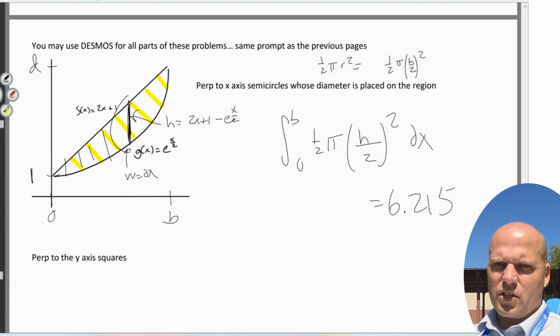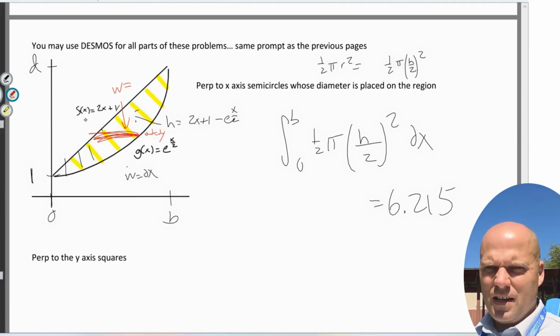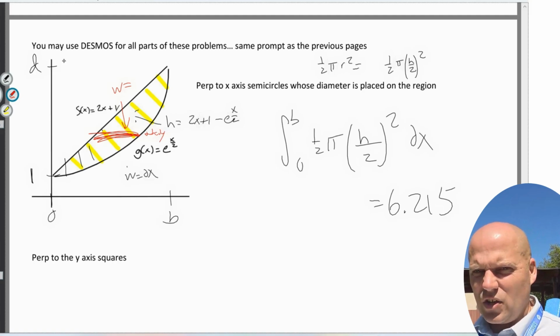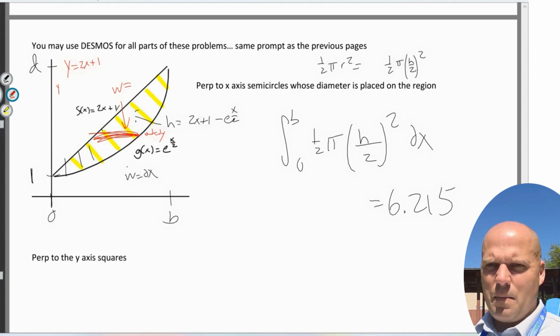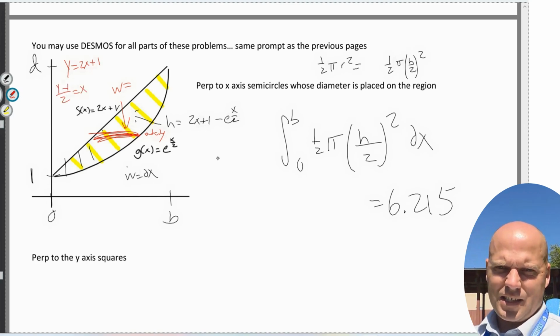Perpendicular to the y-axis, squares. Squares will have a width. The width is this x distance. It's got a small height, dy. I need to solve my equations for x. y minus 1 over 2 is x.